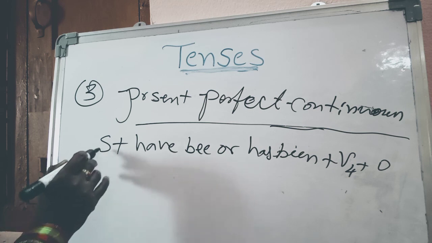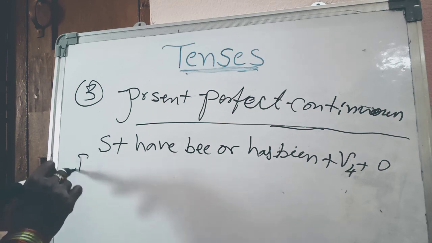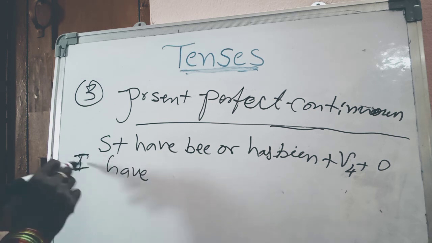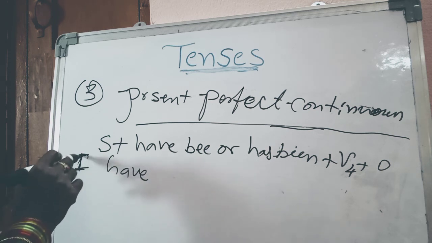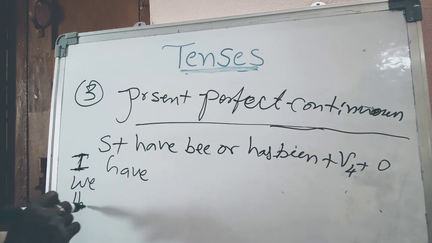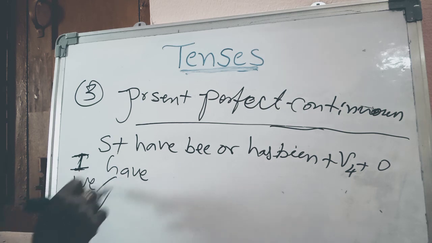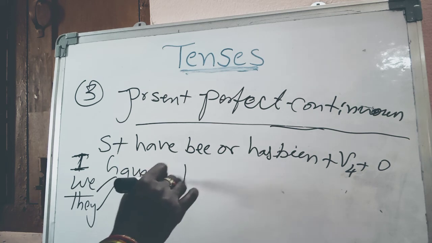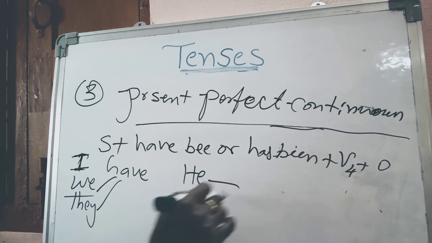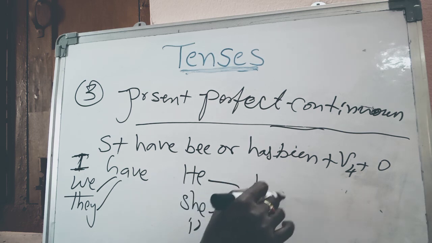See here. When we use I, we, they, we have to use have. When we use he, she, it, we have to use has.